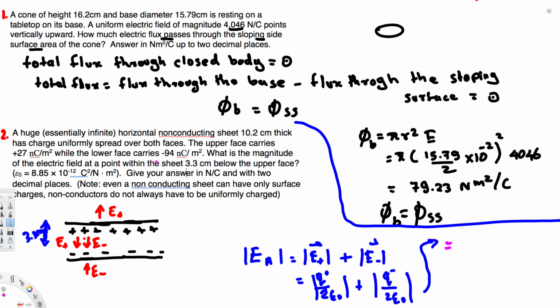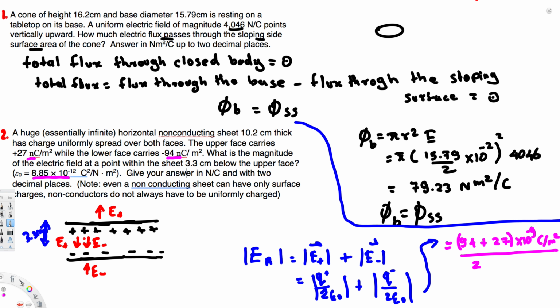We have the Q values, that is 94 nanocoulomb per meter square and 27 nanocoulombs per meter square, so this is going to be just 94 plus 27. Since we are looking at magnitude, neglect the negative sign, right? So 94 plus 27 times 10 to the power minus 9, because it's nanocoulombs per meter square, over 2 times epsilon naught.